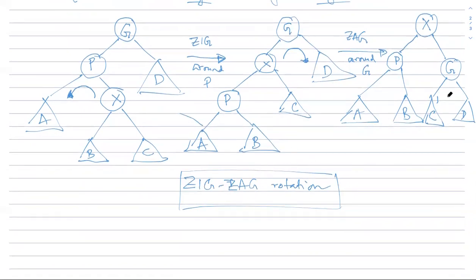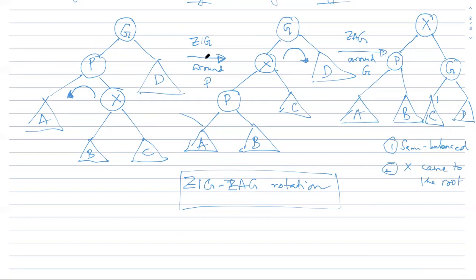And you can see after the zigzag rotation, this tree became a little more balanced than what it was. So there are two effects: one is that it became semi-balanced, and second, X came to the root. This scheme of zigzag rotation brought the node X two levels up.